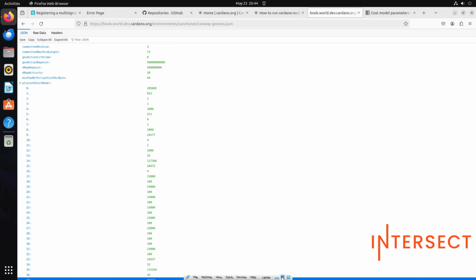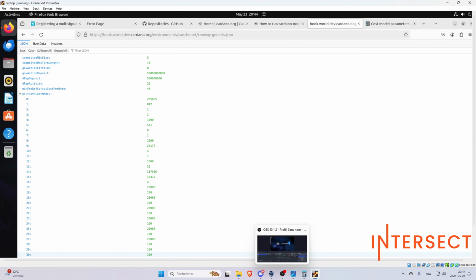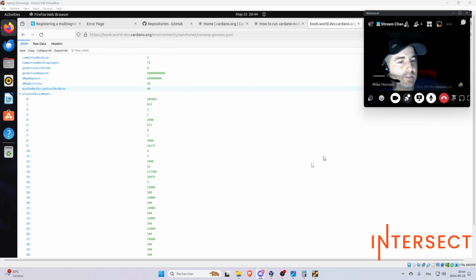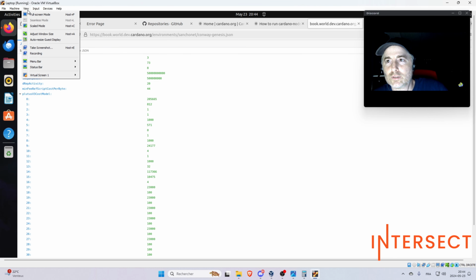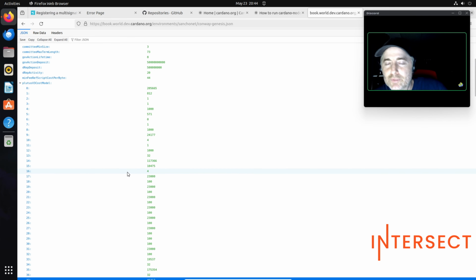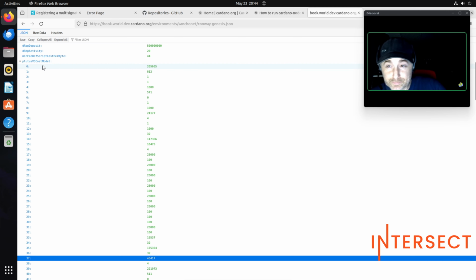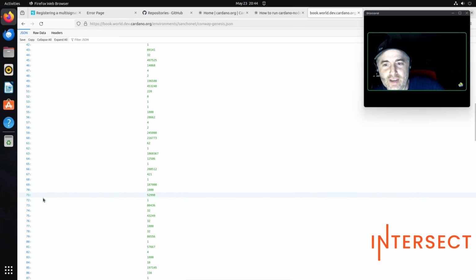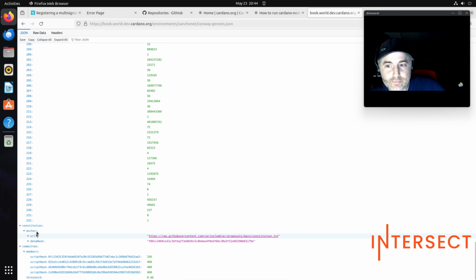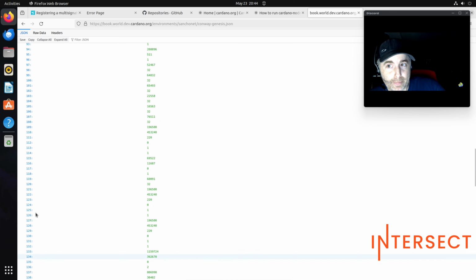Hold on, like this. There you go. They used to write them all out, but now they just use number values. This is the cost model for Plutus V3 right here.